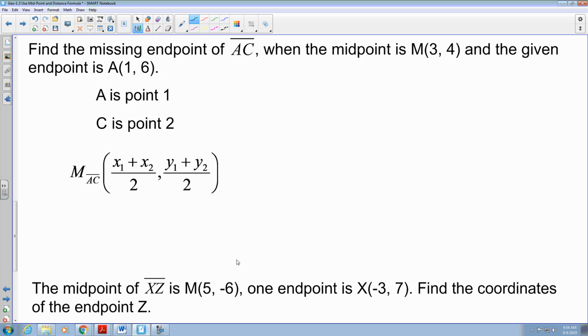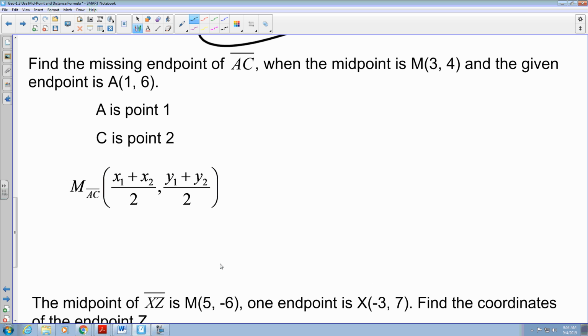Now, this one here is a little bit tricky. Most people have a hard time solving these because in this particular one, they give you the midpoint. They're telling you that the midpoint is 3 comma 4. The other information they give us is one endpoint is 6, 1.